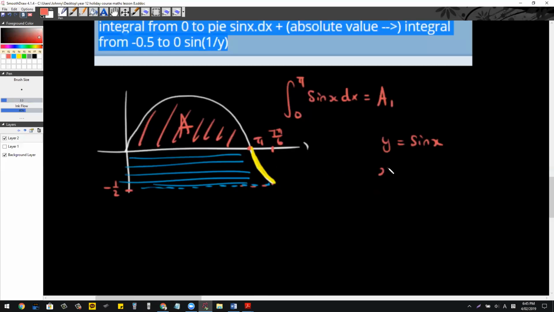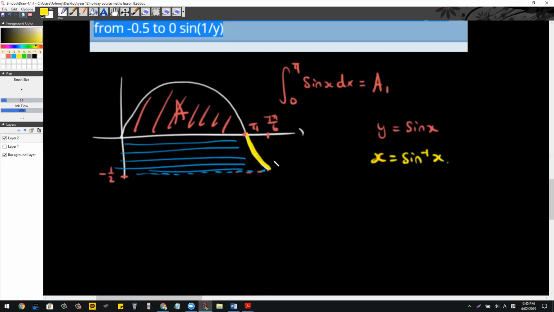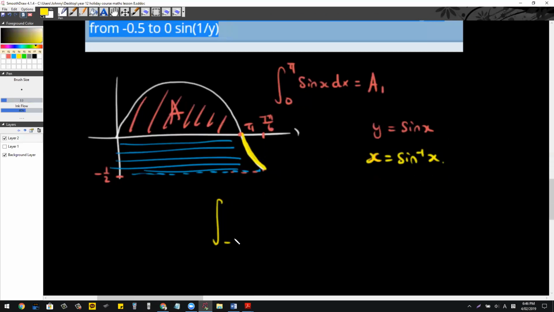Then x is equal to inverse sine of y. And probably what they meant was -1/2 to 0 of inverse sine of y dy. And that's going to give you the blue area, area 2.